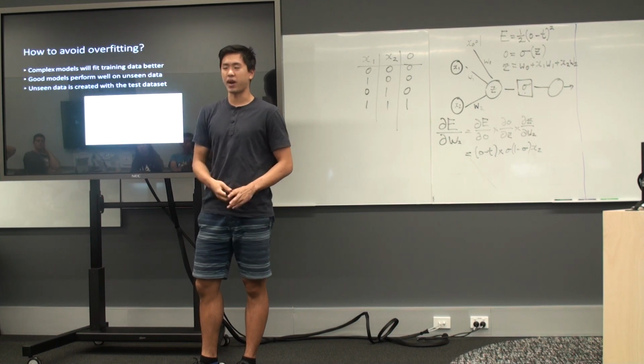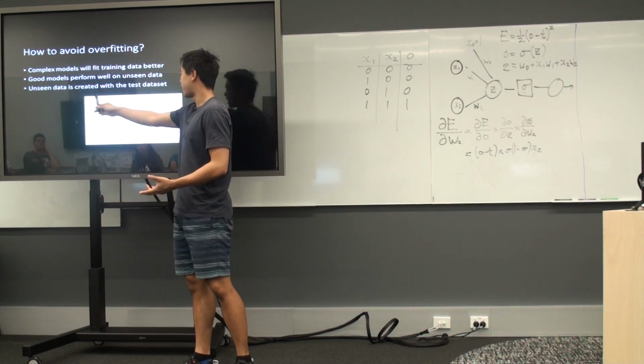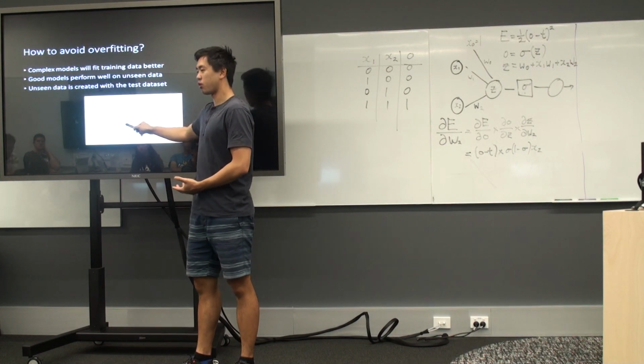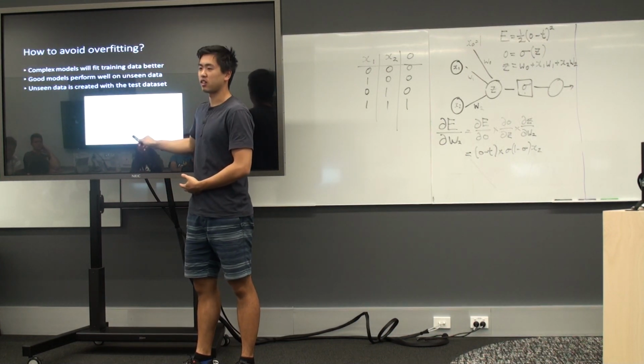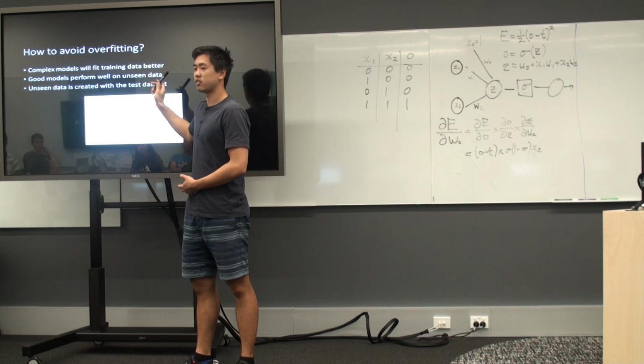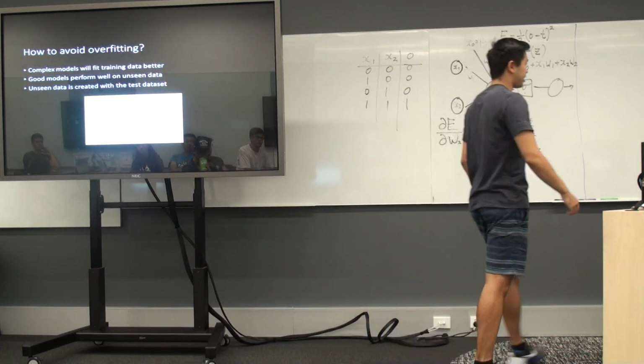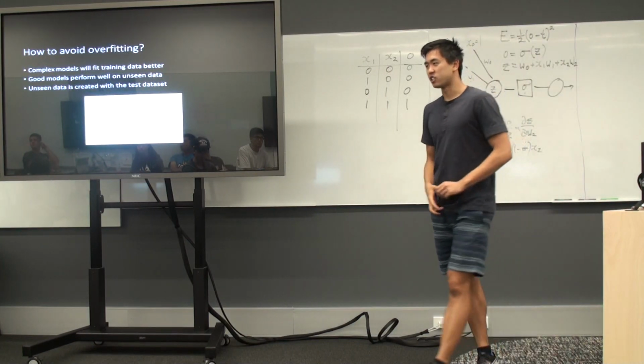And some packages allow you to tell it to pick this bottom point where it has the best test data just before it starts overfitting. So that's the idea behind cross-validation and overfitting.